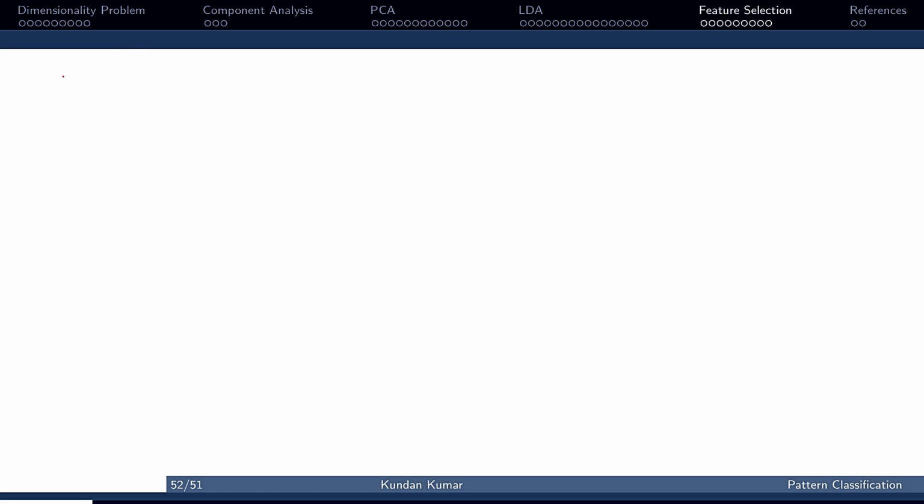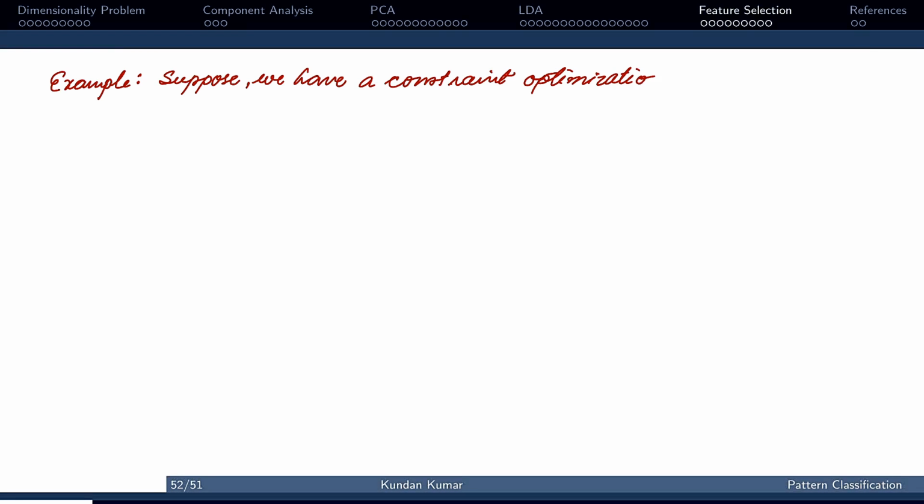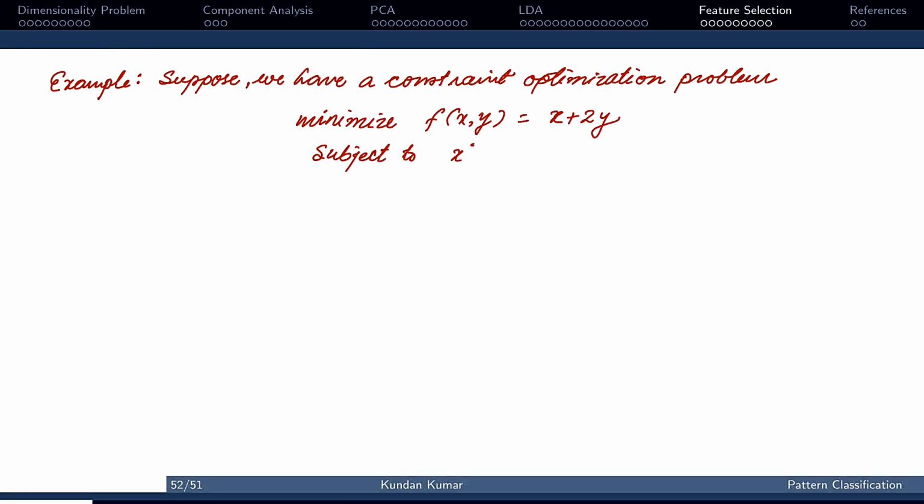Now let us solve one example. Suppose we have a constraint optimization problem: minimize f(x, y) equal to x plus 2y, subject to x square plus y square minus 4 equal to 0.